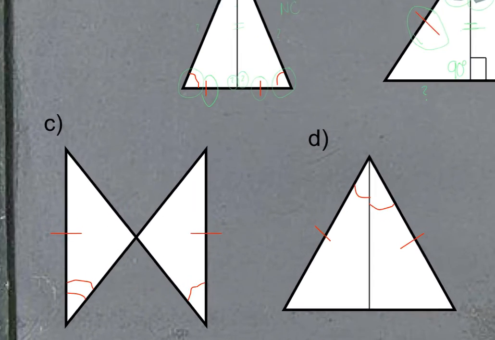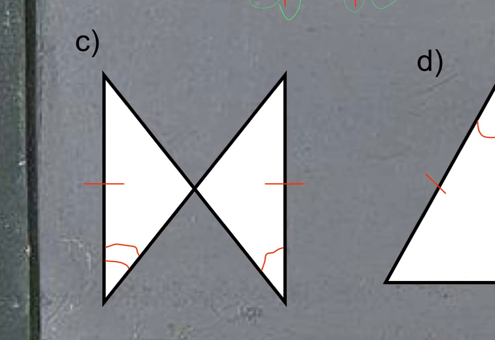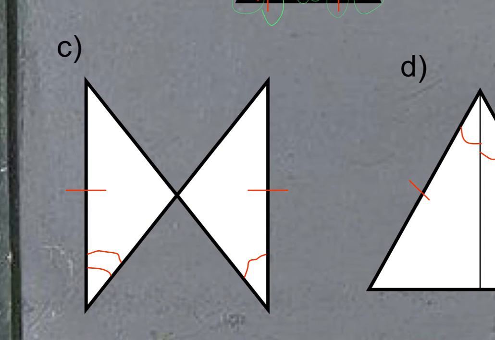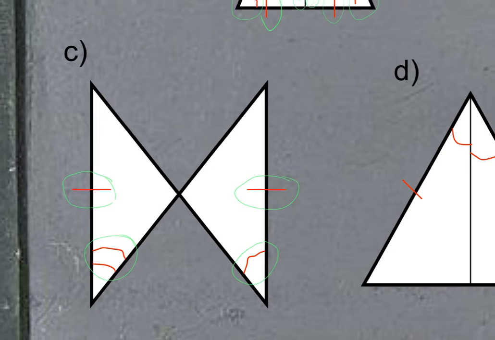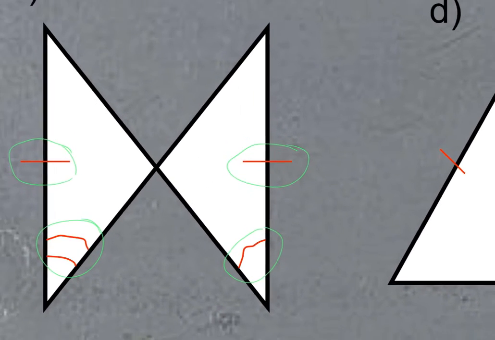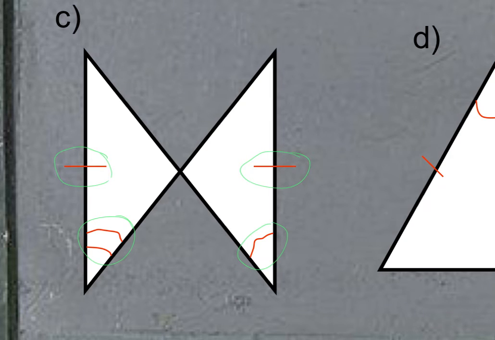Let's do C, okay? The more we do these, the more it'll make sense. For C, we've got a side and then two angles that are not the same. Clearly this one's not correct, okay? So we would say NC for now.